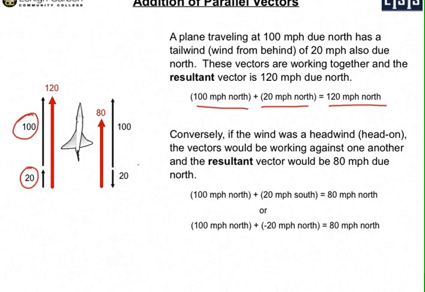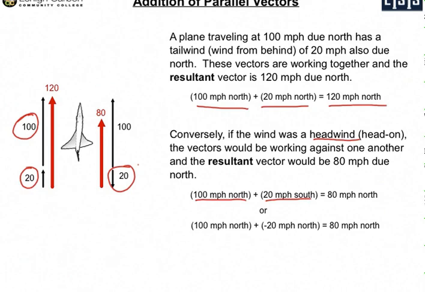Conversely, if that tailwind had actually been a headwind, working against the direction of the airplane, it would subtract. You can look at this as the plane traveling 100 miles per hour north, but the headwind is now 20 miles per hour south.